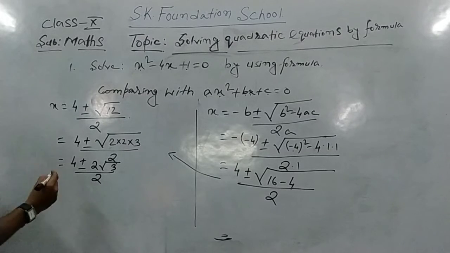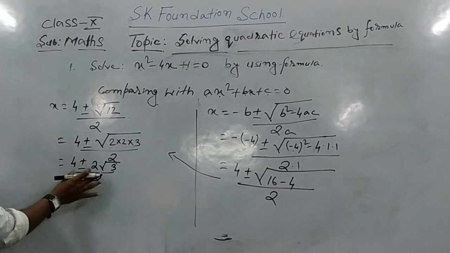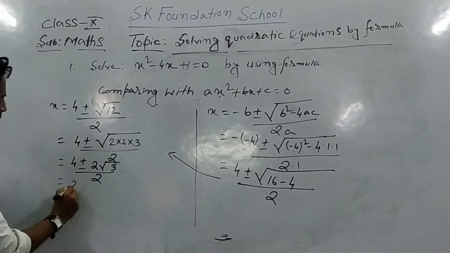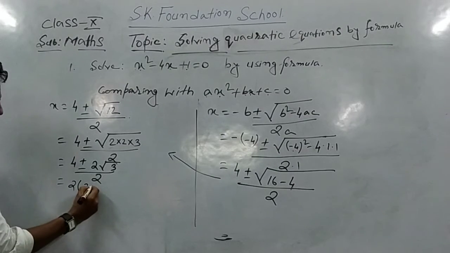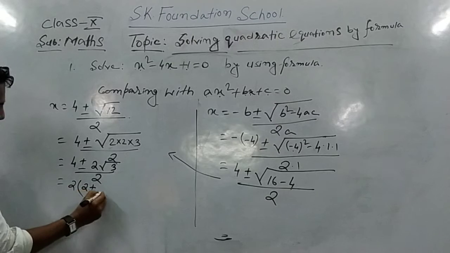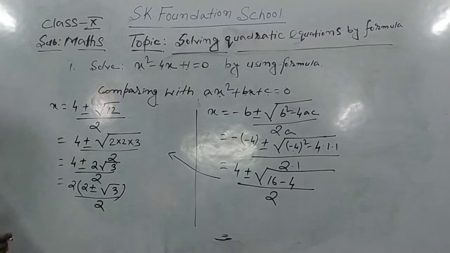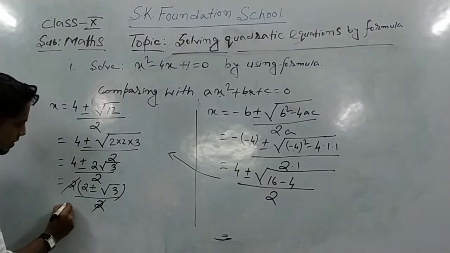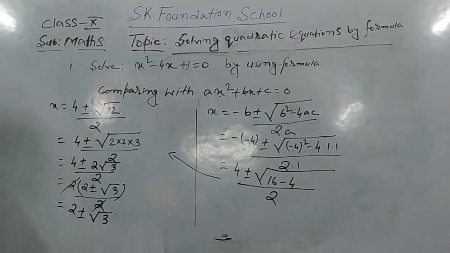Look here, this one is 4, this one is plus minus 2 root 3. From these two parts, we get 2 as common. After taking 2 common, the remaining part is 2 plus minus root 3 by 2. This 2 and this 2 cancel out. So the value of x is 2 plus minus root 3.